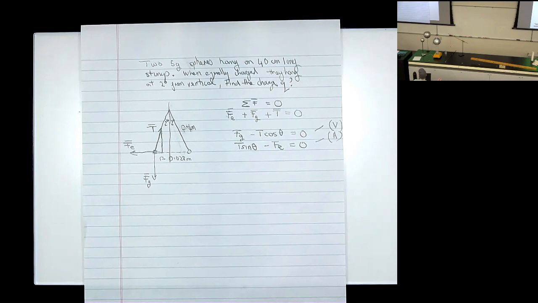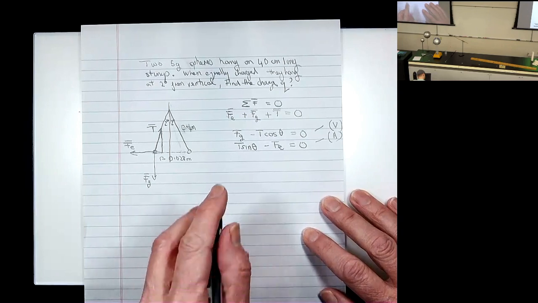Then there's a positive tension component towards the right, and that's obtained by T sine theta, or T sine 2 degrees. So this is really just elaborating on that equilibrium between three forces, in a way that I write down the equilibriums that are going on horizontally and vertically. And that enables us to solve this problem.